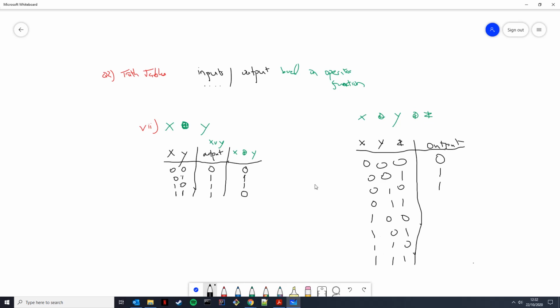So start at Z. So Z XOR Y. Z is 1, Y is 1, so our output is going to be 0.